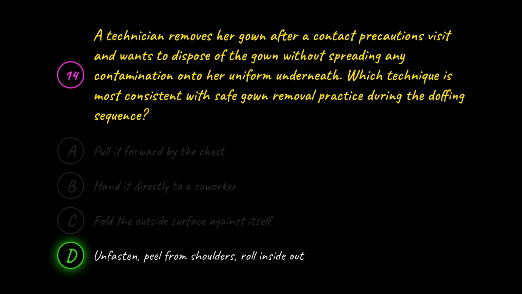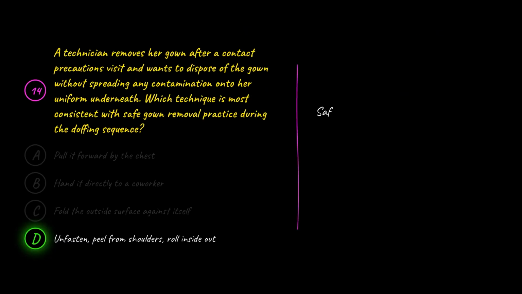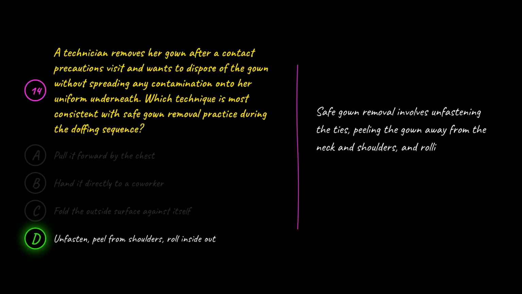The correct answer is D. Unfasten, peel from shoulders, roll inside out. D is correct because safe gown removal involves unfastening the ties, peeling the gown away from the neck and shoulders, and rolling it inside out so the contaminated outer surface is contained inside the bundle for disposal in the appropriate bin.